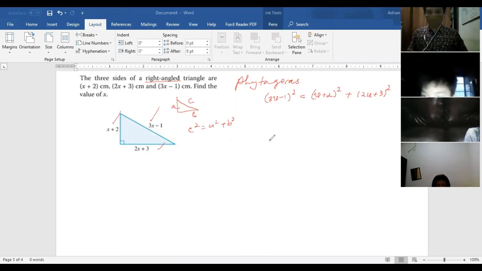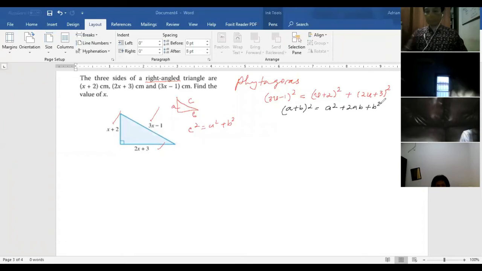Remember this one. Once again, I want to emphasize, a plus b squared equals a squared plus 2ab plus b squared, right? Clear? Next, so please open the bracket for this one.